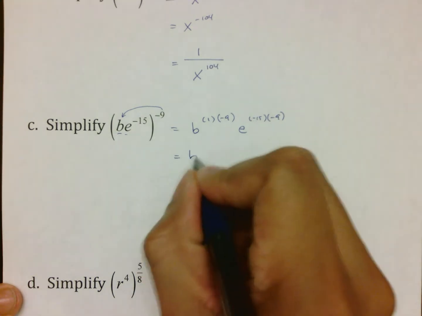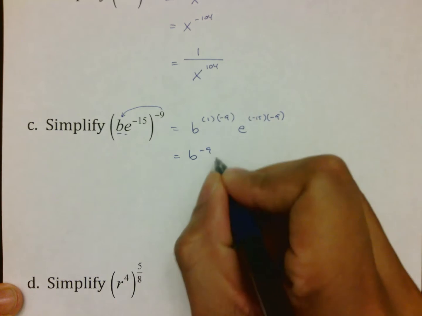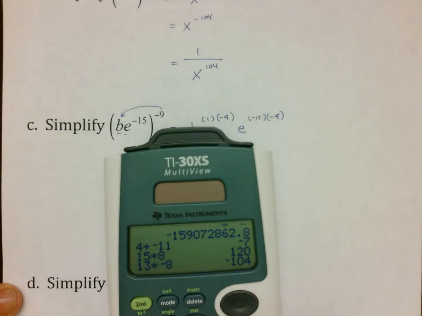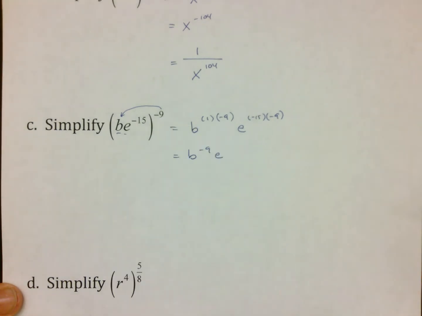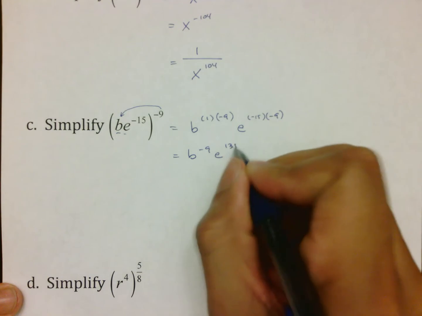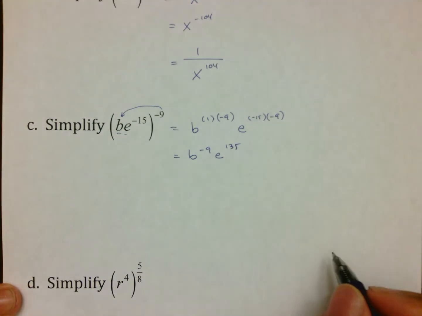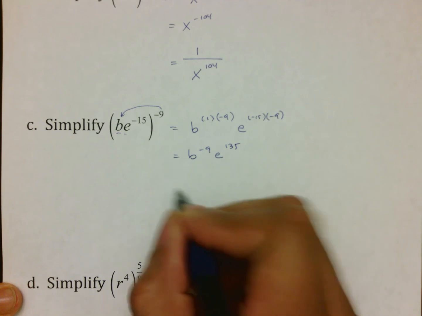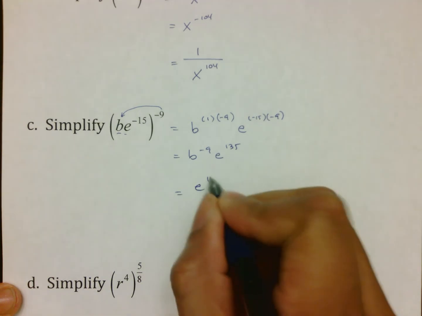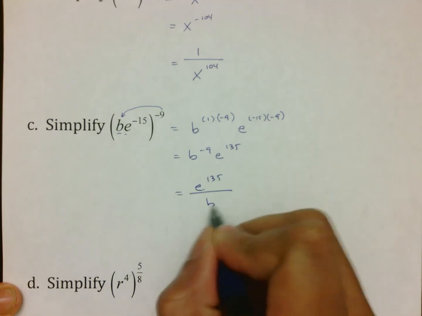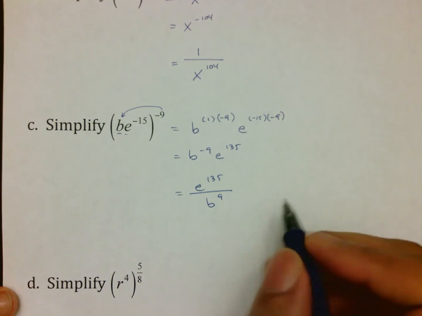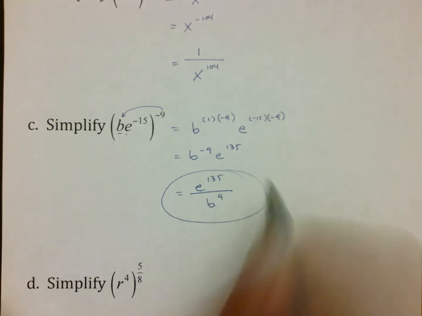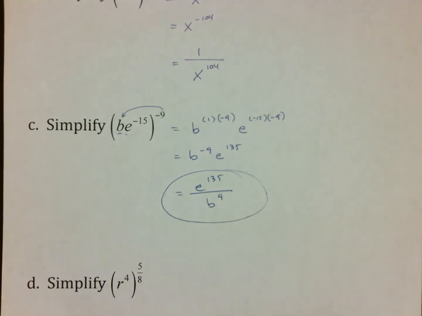That becomes b to the negative 9th, e to the 135th. As a rule, you cannot leave any negatives, so this variable does not want to stay where it's at. The e to the 135th stays here, and b to the 9th ends up on the bottom, with this being your final answer. All the rules that you've learned so far stay the same.